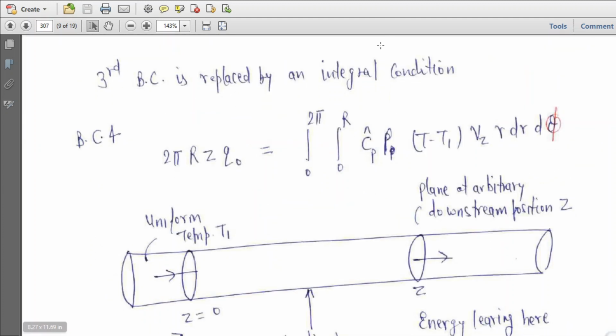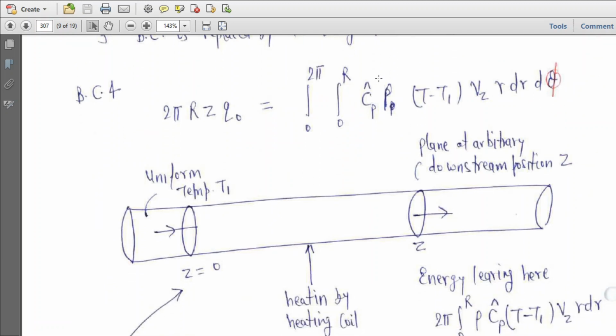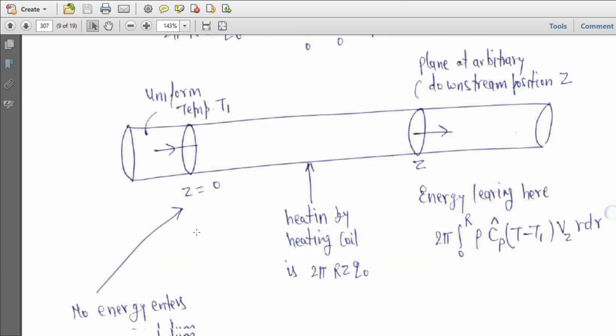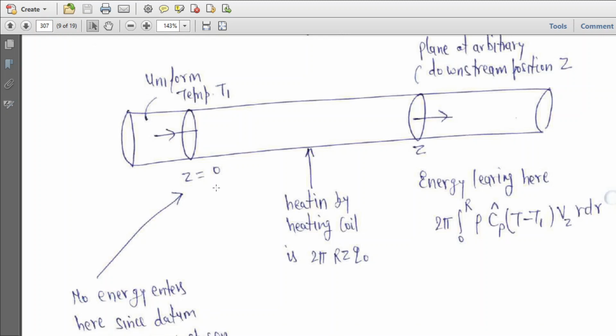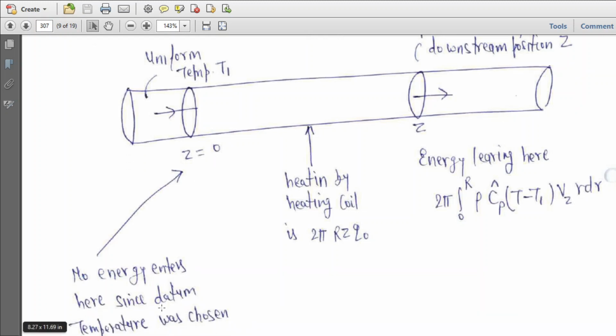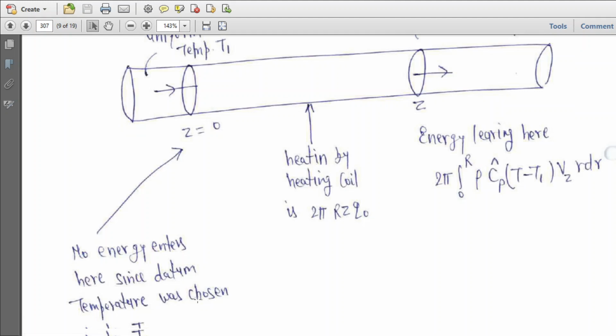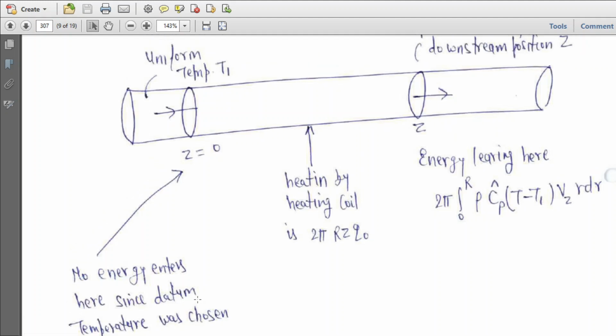Now the third boundary condition we are replacing by an integral boundary condition. What we are considering here is your entire tube. At z equal to 0, no energy enters here, since the datum temperature was chosen so that T equal to T1.